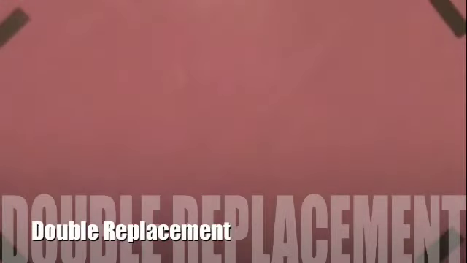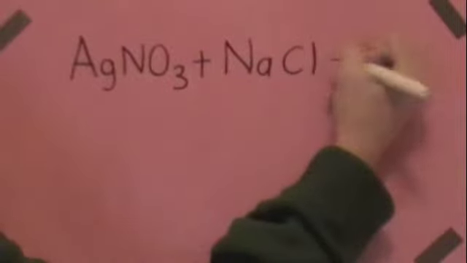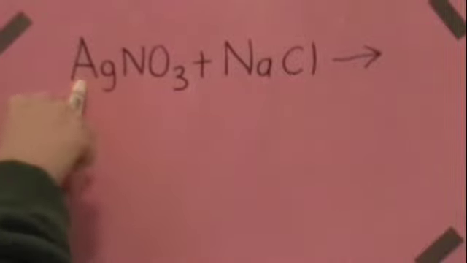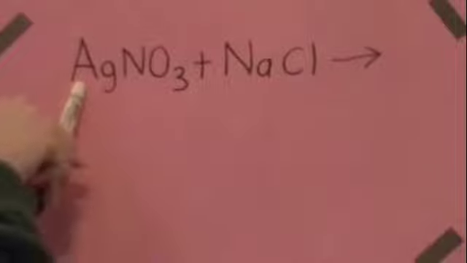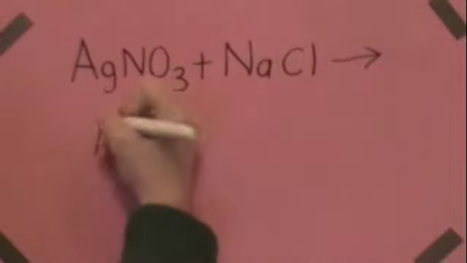Our next topic is double replacement reactions. An example of that is AgNO3 plus NaCl. In a double replacement reaction, the cation of the first reactant pairs with the anion of the second reactant, like this.